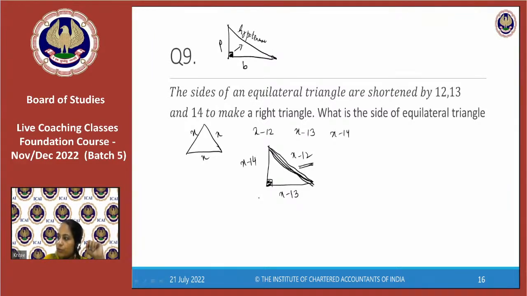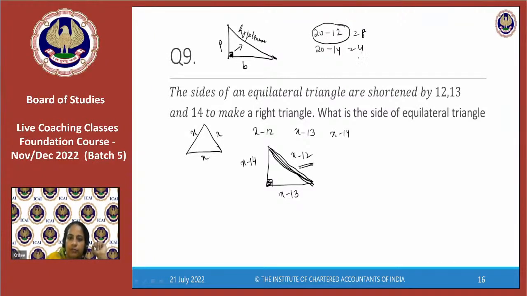Very good. Poloju has given the correct answer, and Harnoor also. Because hypotenuse is the longest side. If it is the longest side, then why not minus 14? Because you have understood this. If I minus 12 from 20 or I minus 14 from 20, which is a bigger number? Naturally, 12 deduction is a bigger number.